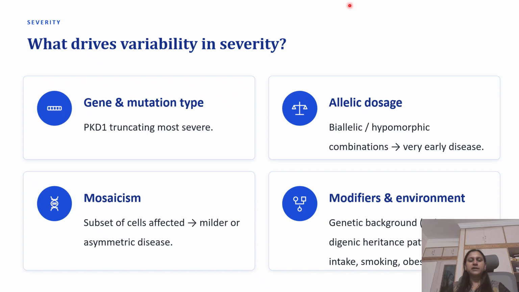And modifiers like genetic background, for example polygenic or digenic inheritance patterns, plus modifiable factors like blood pressure, water intake, smoking, obesity, diabetes, and uncontrolled hypertension, all of this will shift the pace. The last point is empowering for patients, because some of what drives progression is actionable and can be managed by the patients themselves.